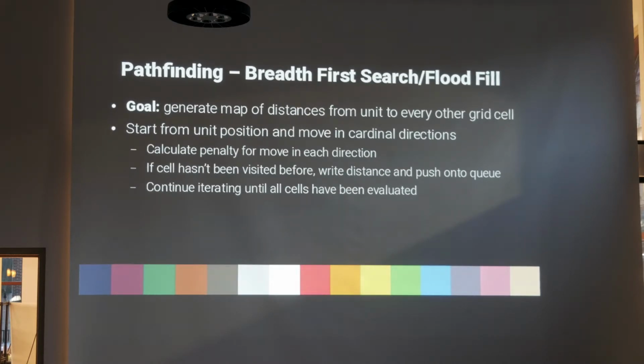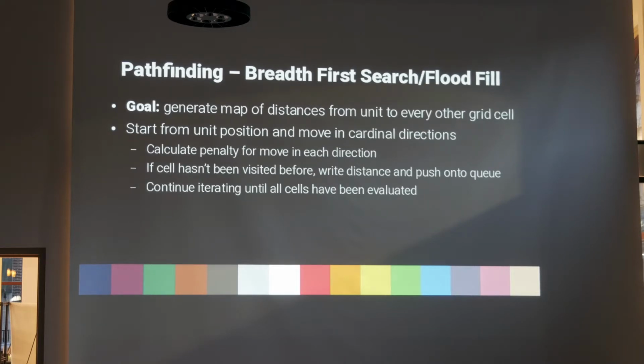So with our breadth first search, the goal of this is to generate a map of distances from the unit that we're trying to move to every other grid cell, right? And it's a pretty straightforward thing. It'd be the same as a flood fill algorithm. You start from your unit position and you move in the cardinal directions. For each of those directions, you'd calculate your penalty for the movement in that direction.